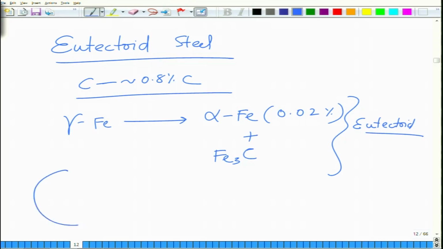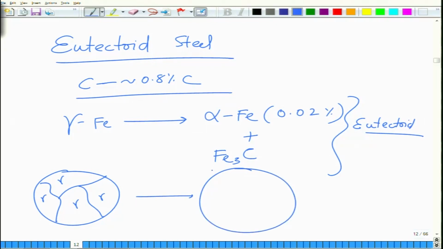So, you had started with grains of gamma, this is all gamma, and then you suddenly convert this into a mixture. So, you had these grain boundaries of gamma. On these grain boundaries of gamma, you have nucleation and growth, so this is how they will form.